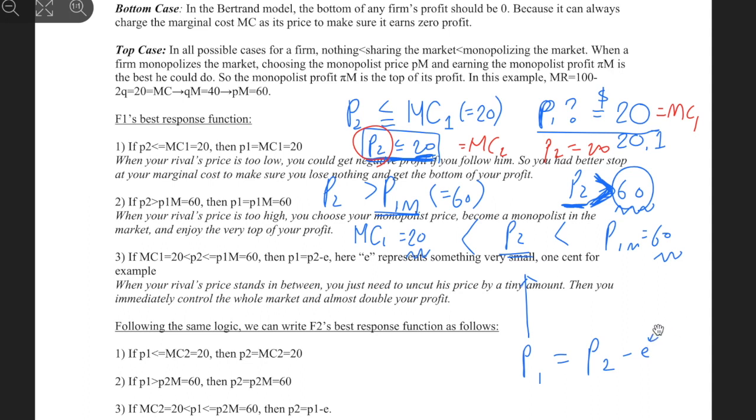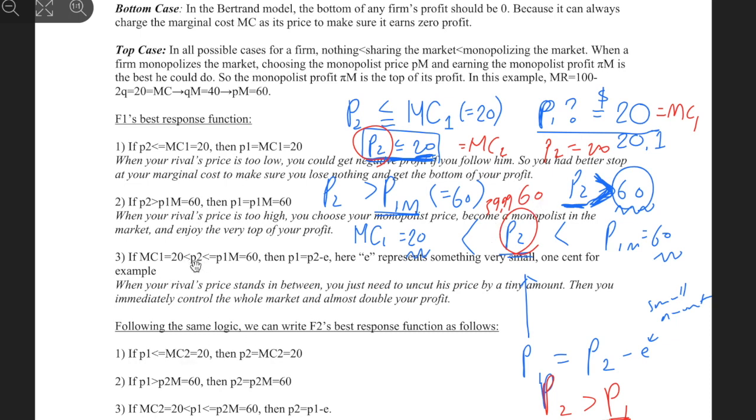This represents a small amount of price, so we just want P2 to be slightly bigger than P1. Then Farm 1 will win the game no matter what the price of P2 is, right? If it's $60, then P1 goes to 59.99, right? That wins the market.